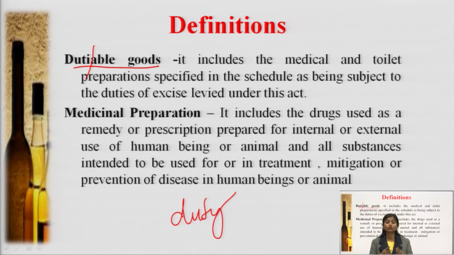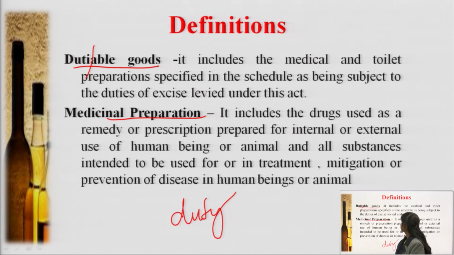That is, the duty has to be collected over those products. Coming to the second point, medicinal preparations, and being pharmacy graduates, you should be very thorough with this word, and I suppose you are clear with it. Let us see the point.